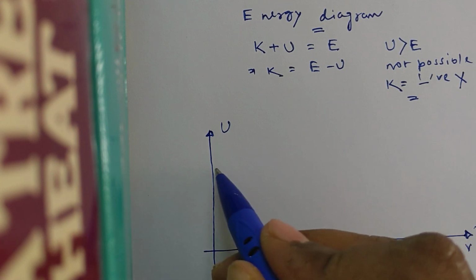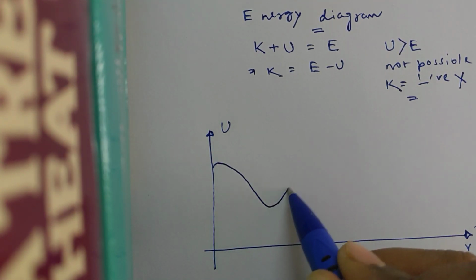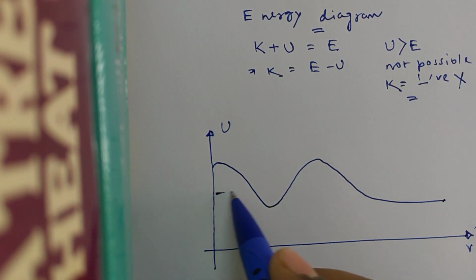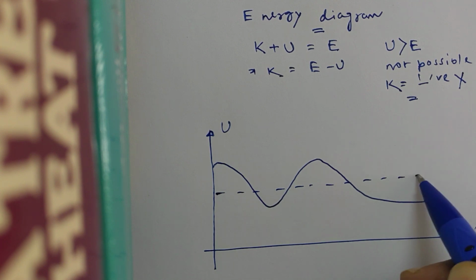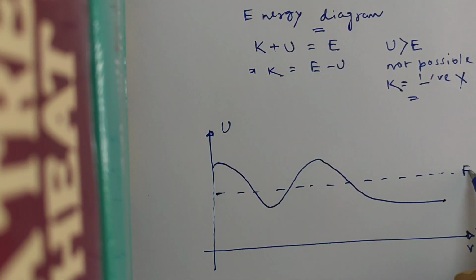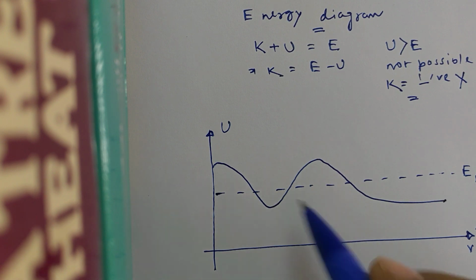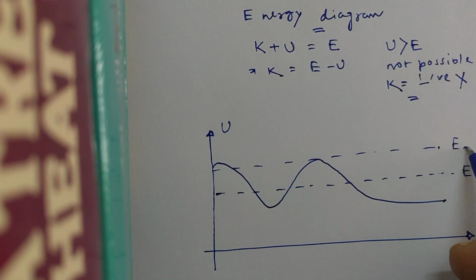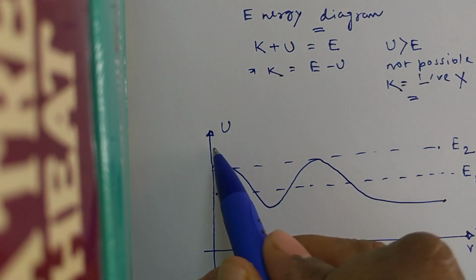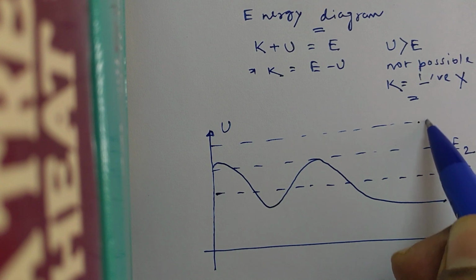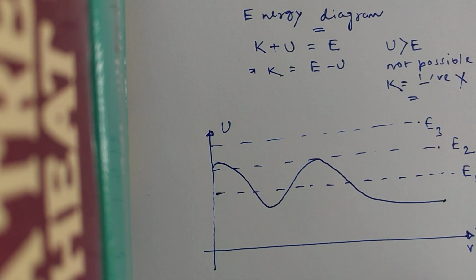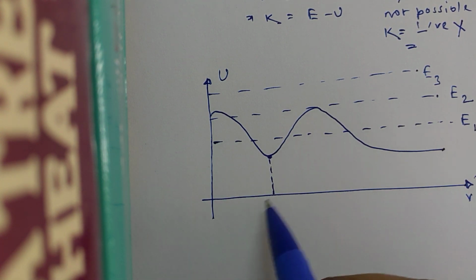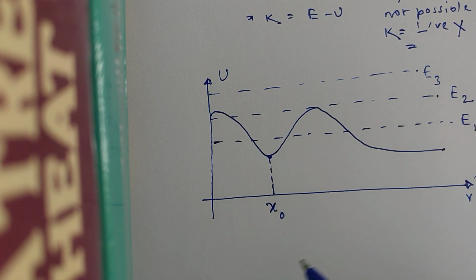Here I am taking a random curve like this, one curve, and we have two lines: this is total mechanical energy E1, and we are taking another line like this, total mechanical energy E2, and we can take another line like this, total mechanical energy E3. So initially we will assume that a particle is at this location, which is, let us say, at position x0.